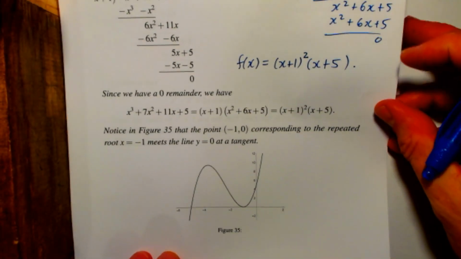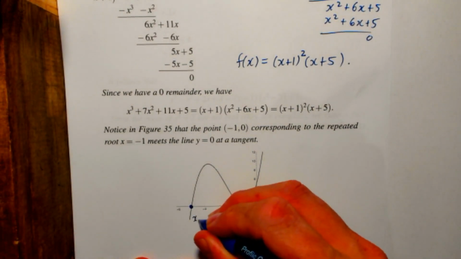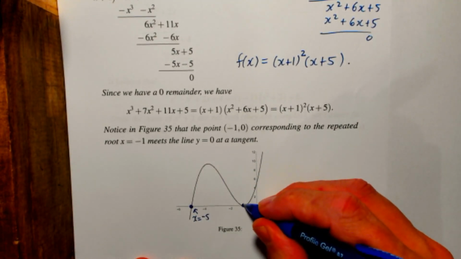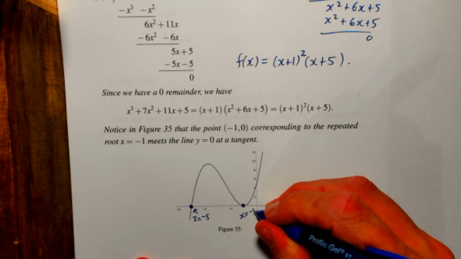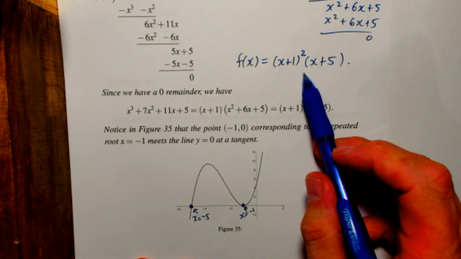So in the plot it looks interesting because over here we've got our x is minus 5. Right here we have x is equal to minus 1. Okay, notice that's a repeated root.